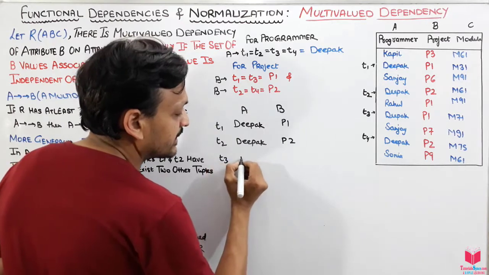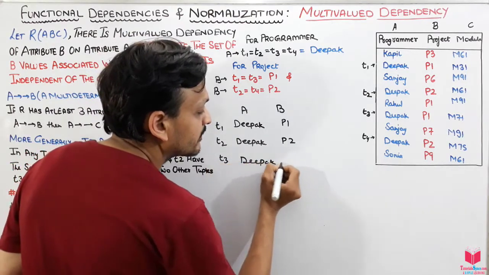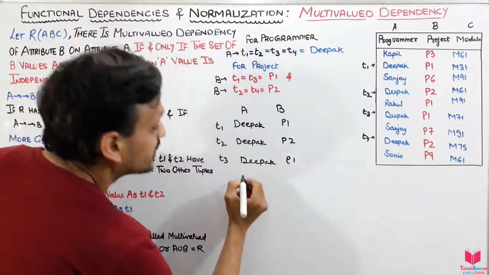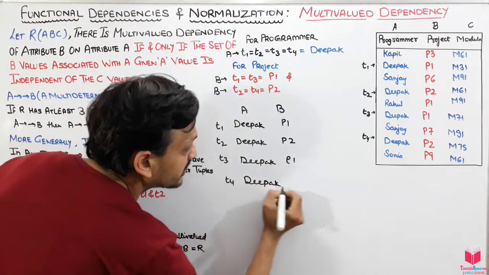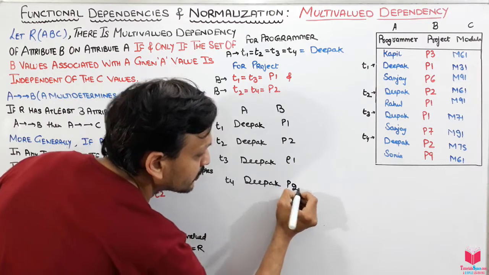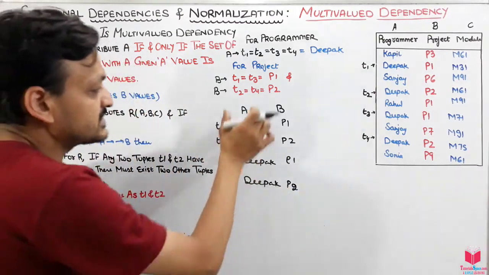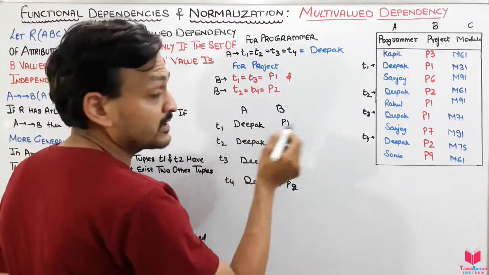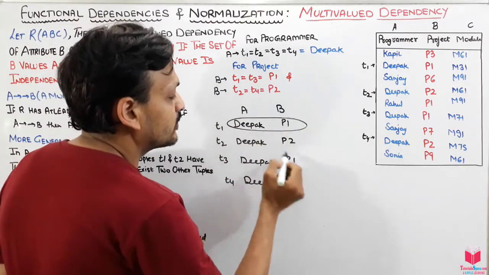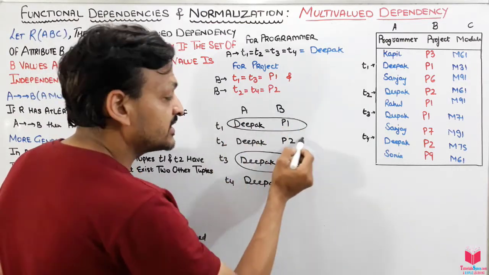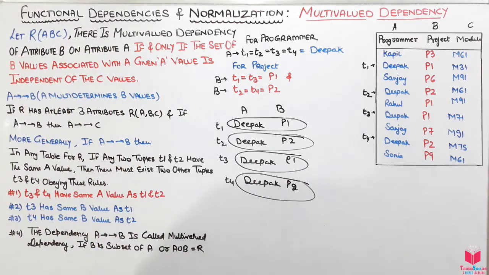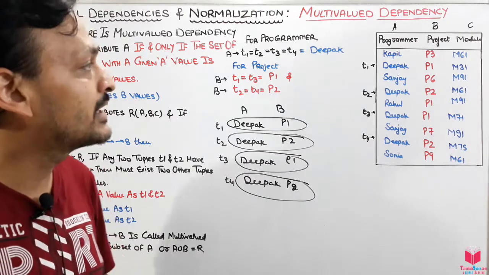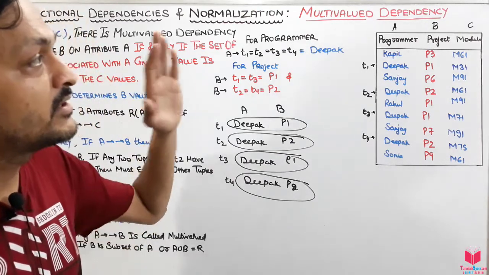For tuple 3 there is Deepak and P1. For tuple 4 the value is P2. Now these values are repeating, and if you take the two attributes, this value is matched to this value, which is redundant repeated data. So we have to remove this redundancy by using the fourth normal form. We will apply fourth normal form on this multi-value dependency.